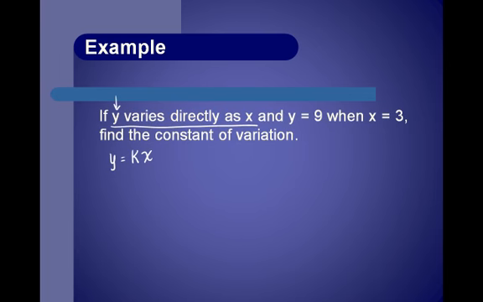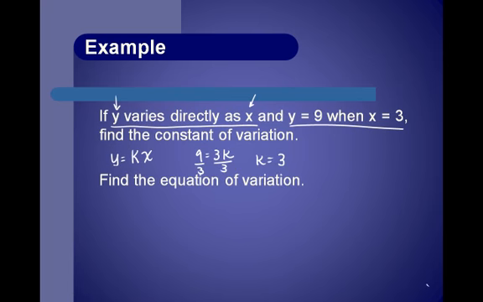The quantity they give you first goes first, and the one it varies directly as goes on the side with k. So for this problem, now they're telling us y is 9 when x is 3, so let's just plug it in. 9 equals k times 3. So 9 equals 3k. Divide both sides by 3, so we get that k is 3.